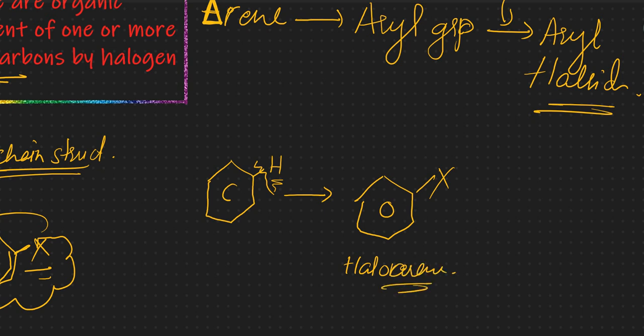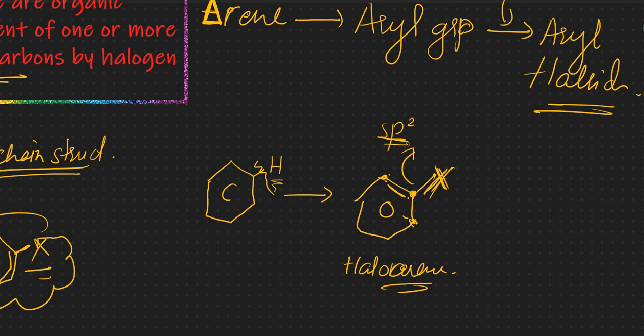One thing to note here again is that the carbon atom to which the halogen atom is attached is sp2 hybridized, because this carbon atom is attached to three atoms, that is 1 halogen atom and 2 different carbon atoms.